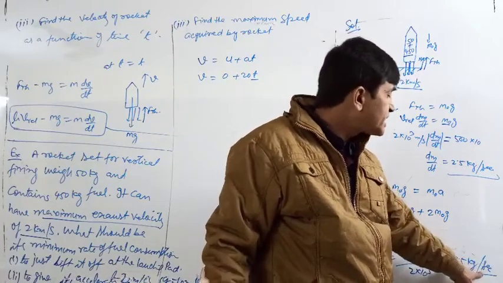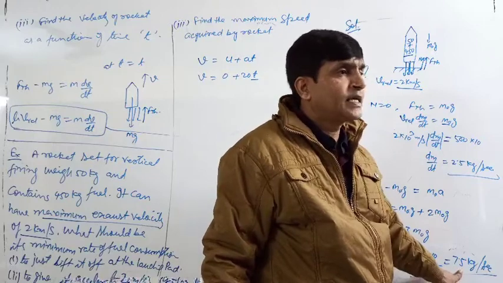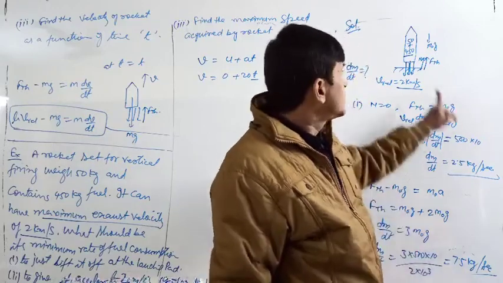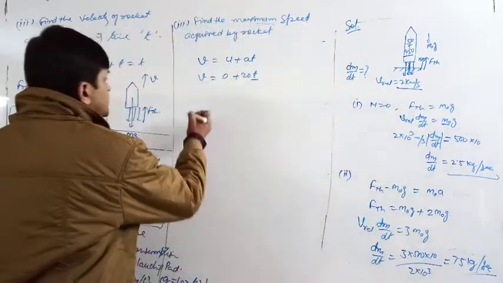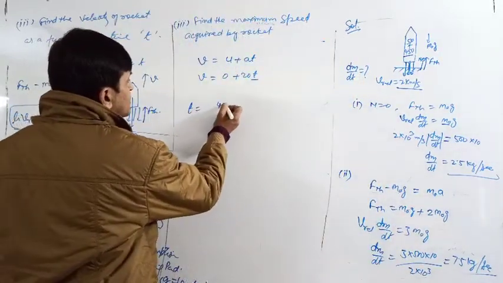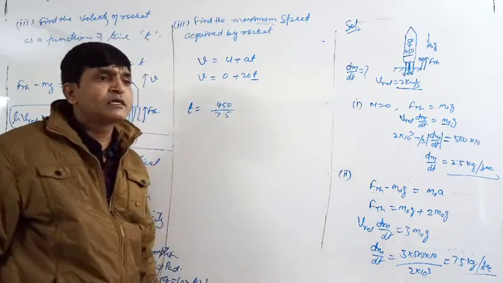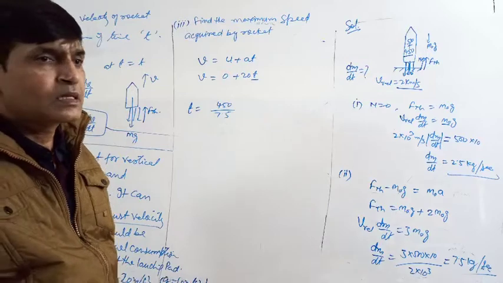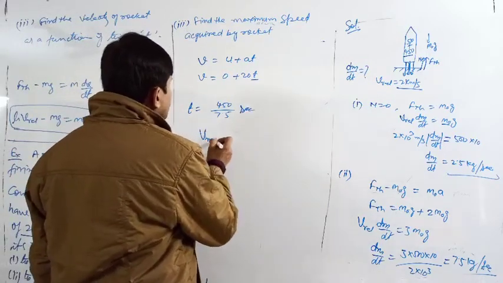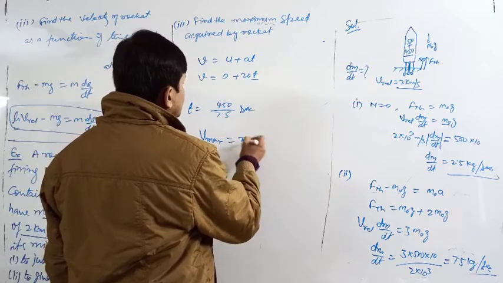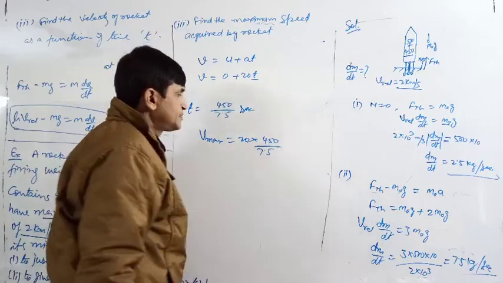It means in 1 second 7.5 kg fuel is burning. So in how much time will 450 kg fuel burn? So t is equal to 450 by 7.5. Understood? So V maximum is equal to 20 into 450 by 7.5.